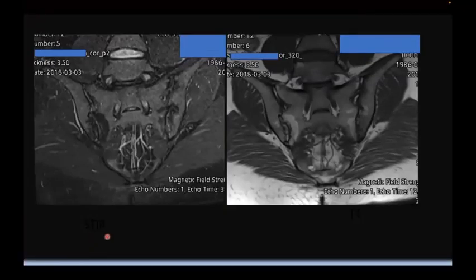Okay, so let's see which one is T1 and which one is STIR. I mentioned that in T1, the fat is high signal, which gives you white in the image. So this is the fat, subcutaneous fat. It's white. This is white because it's fat metaplasia. Here in the disc, which contains water, you see it is black.